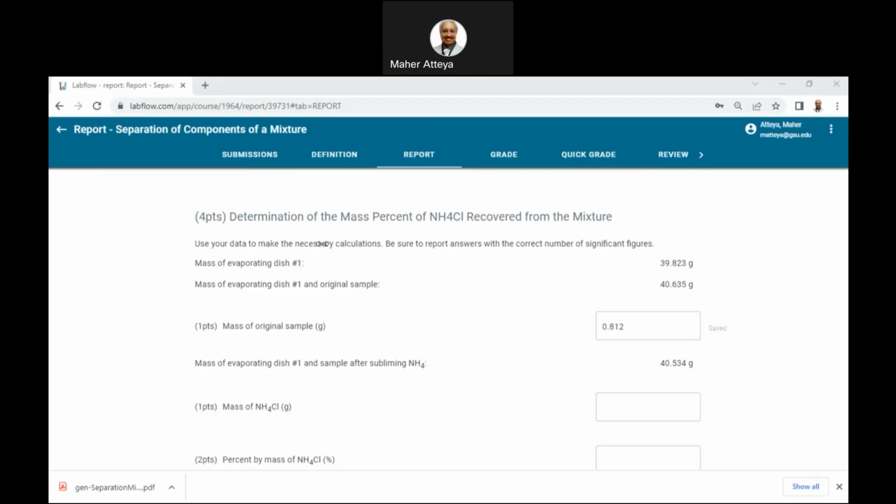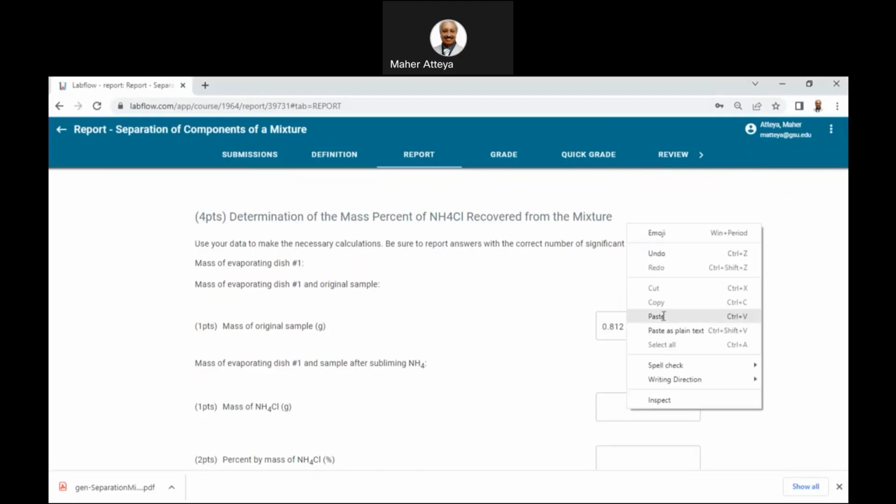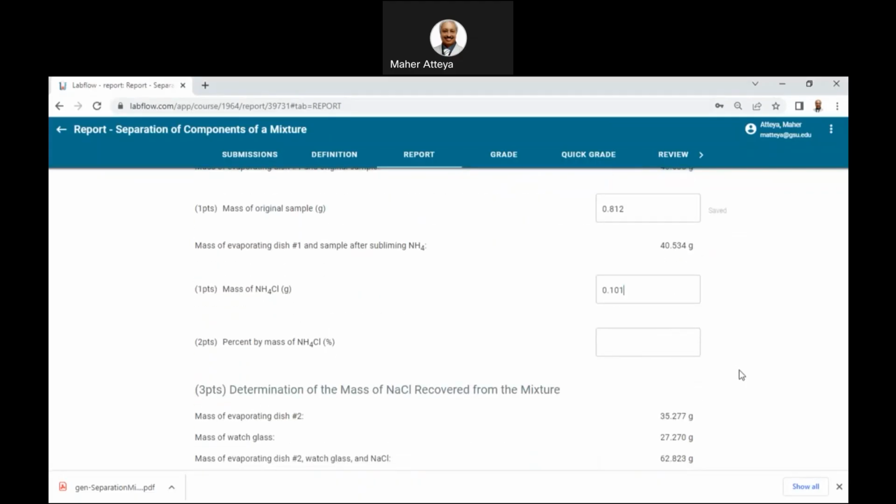So 40.635 minus 40.534 equals, and then this is the amount of ammonium chloride in the sample. Then it says percent of mass of ammonium chloride is this one here. So I'm saying this is 0.1, correct? So 0.1 divided by, take this one here now.